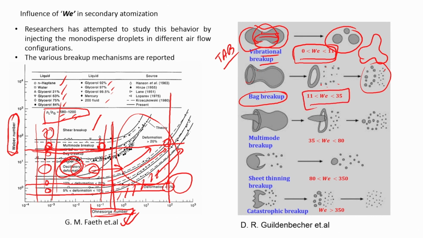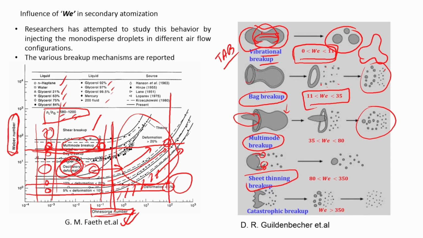Then this multimode breakup that you see over there is this. So, you have a protrusion coming out, similar to a bag, and then it breaks up into smaller droplets. Then shear thinning type of breakup means from the side of the deformed sheet, it is like a sheet.